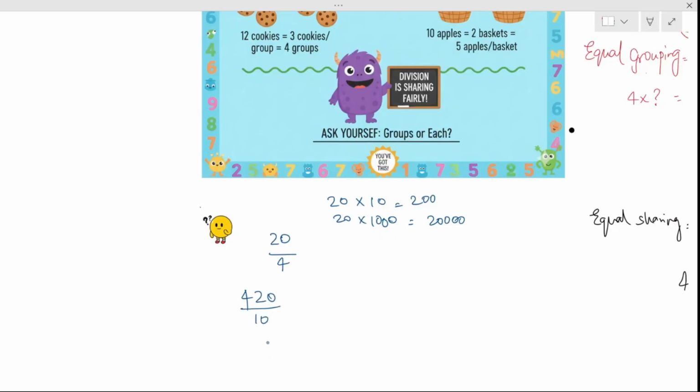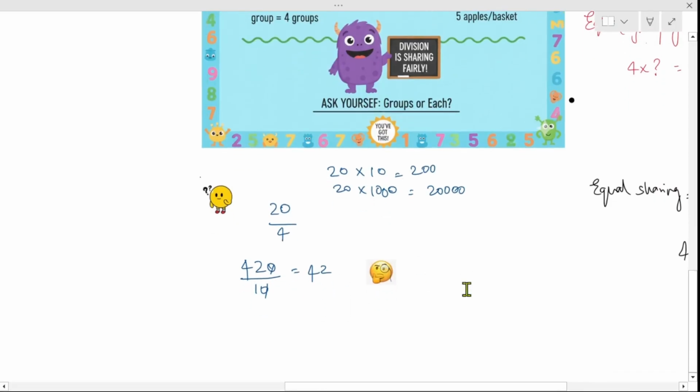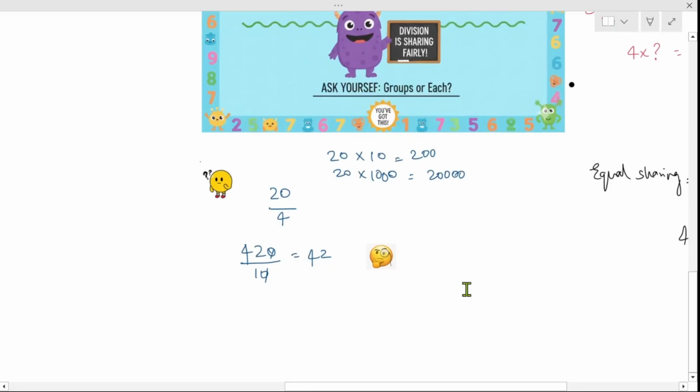Some of the children had already learned that if there is a 0 in the numerator and a 0 in the denominator, you just cancel it and get the answer 42. But when the same children were asked why it is 42, or why you can actually cancel it, it made them think, but they were unable to share an idea of why it is so.